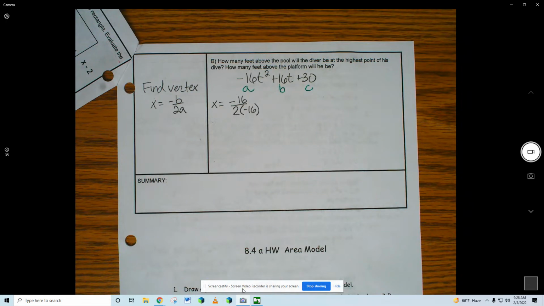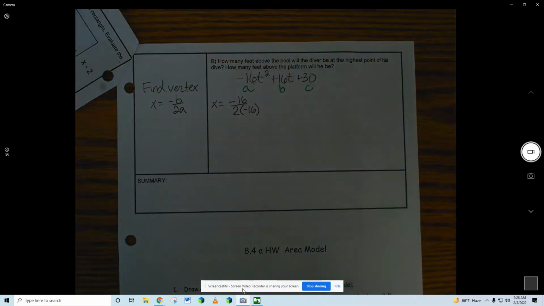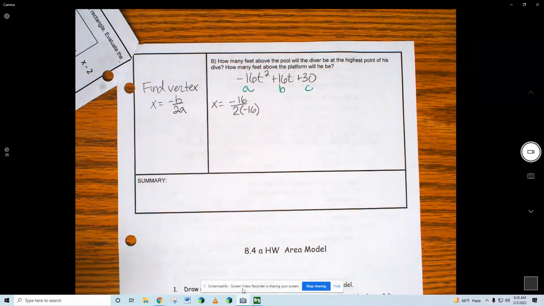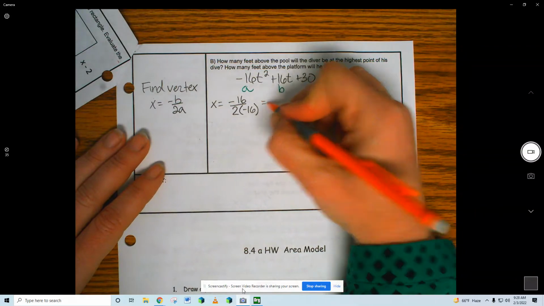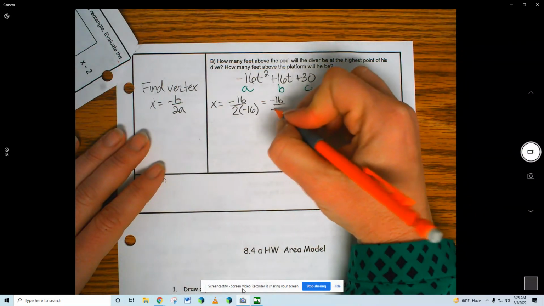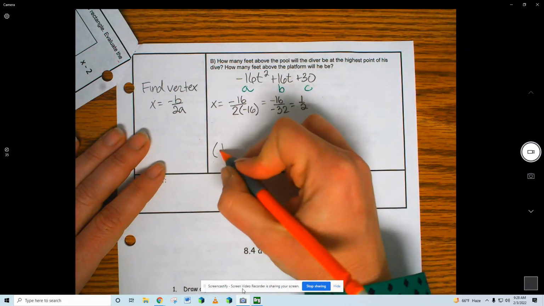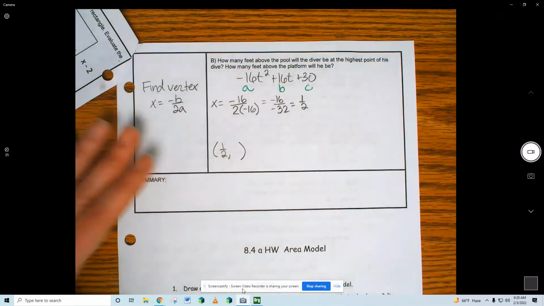Negative 16 over negative 32, which is 1/2. So I've got part of my vertex.